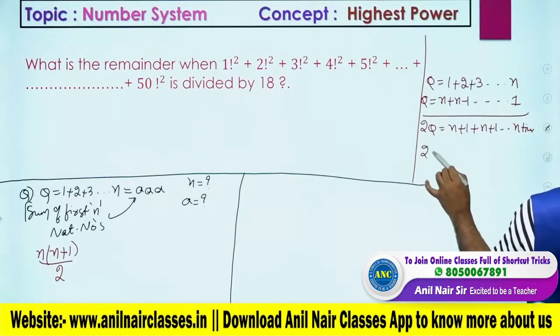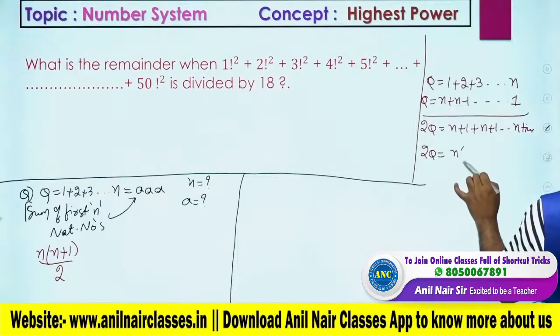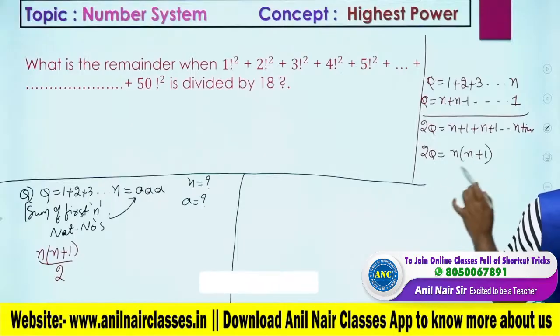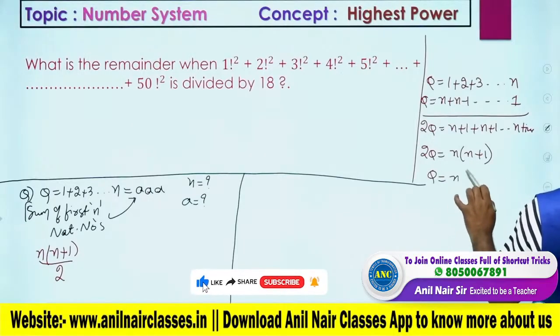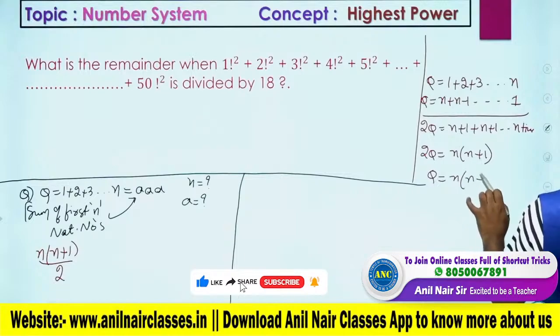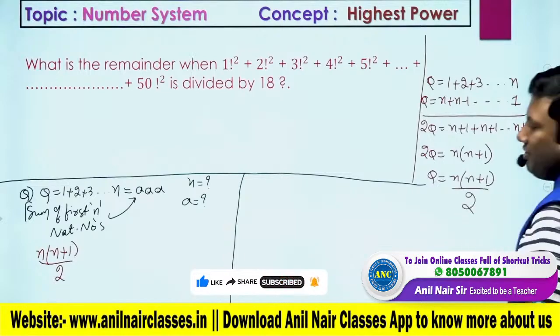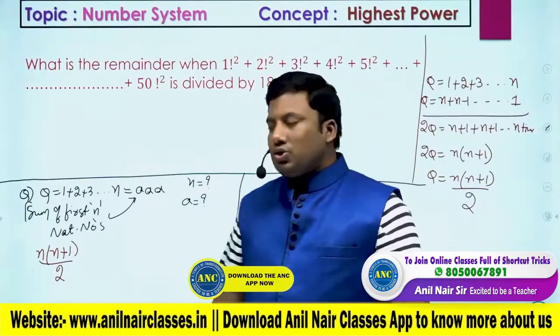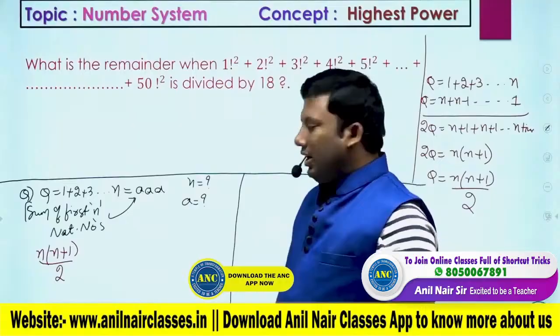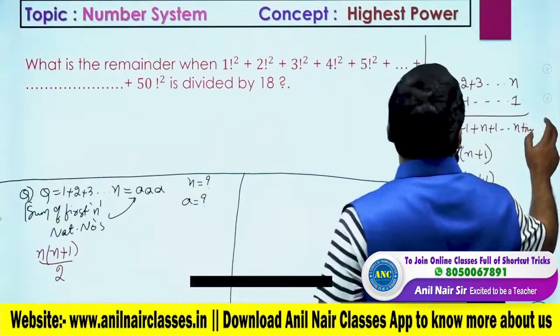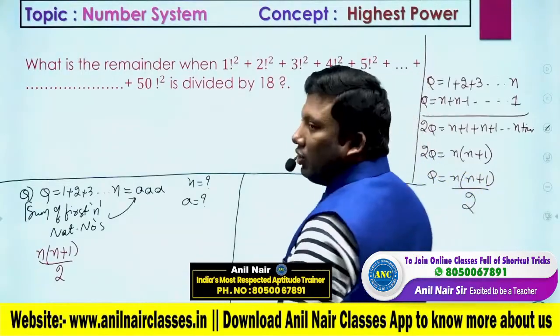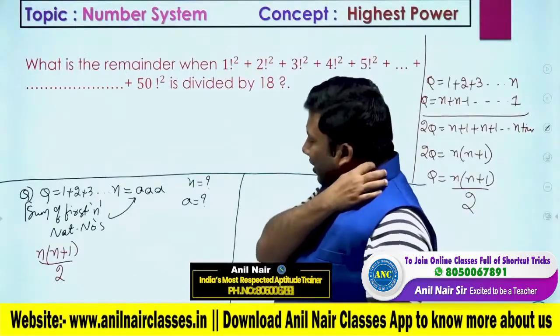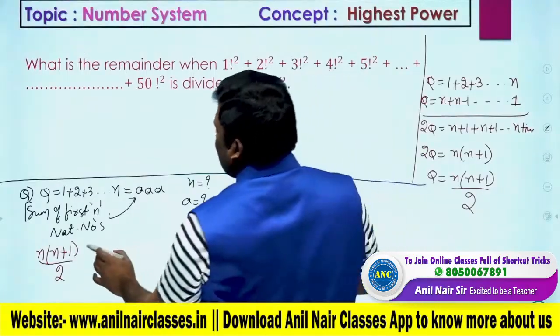So it is n into n plus 1. Q will be n into n plus 1 divided by 2. Listen carefully, sir: n into n plus 1 by 2.